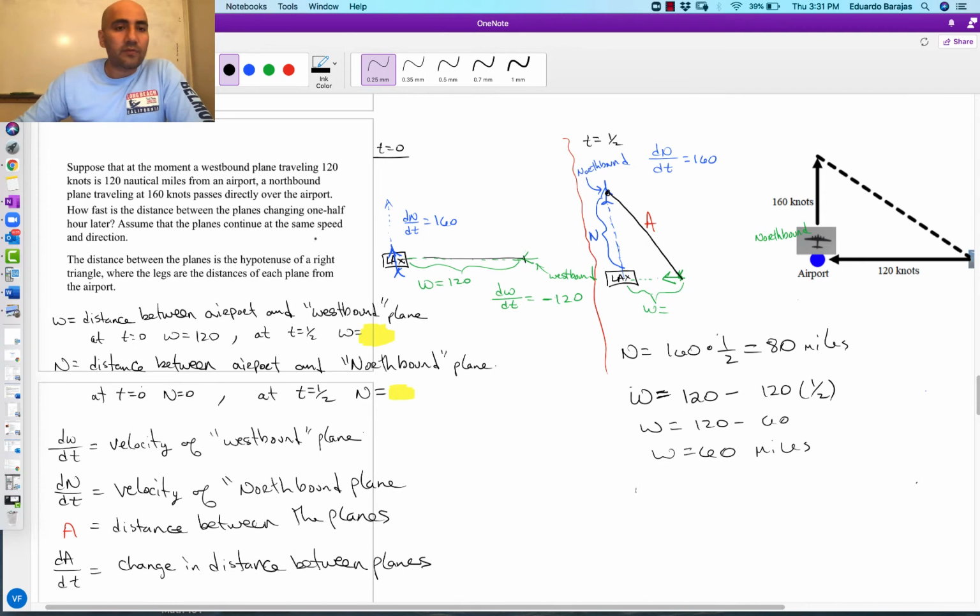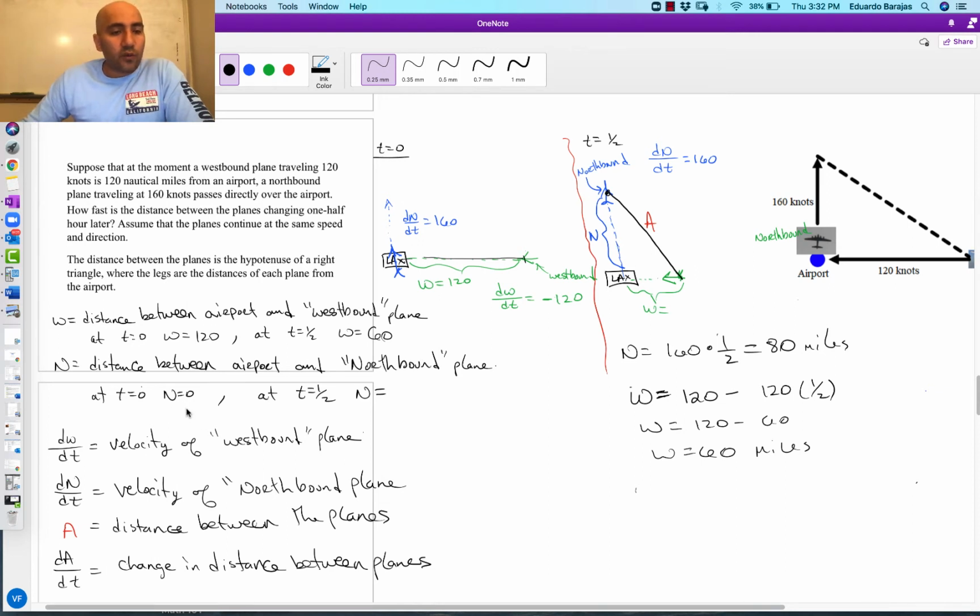Okay, so that brings me back to this. Let's fill this out now. We're ready to write it down. So at t equals 0, W is 120 miles. At time equals 0, the westbound plane is 120 miles from the airport. At t equals 1/2 hour, W is now only 60 miles from the airport.